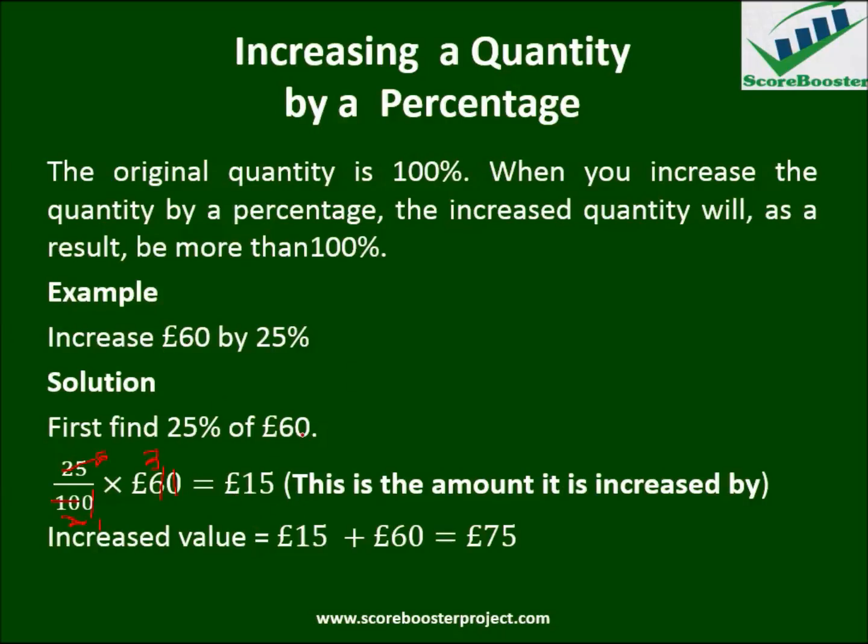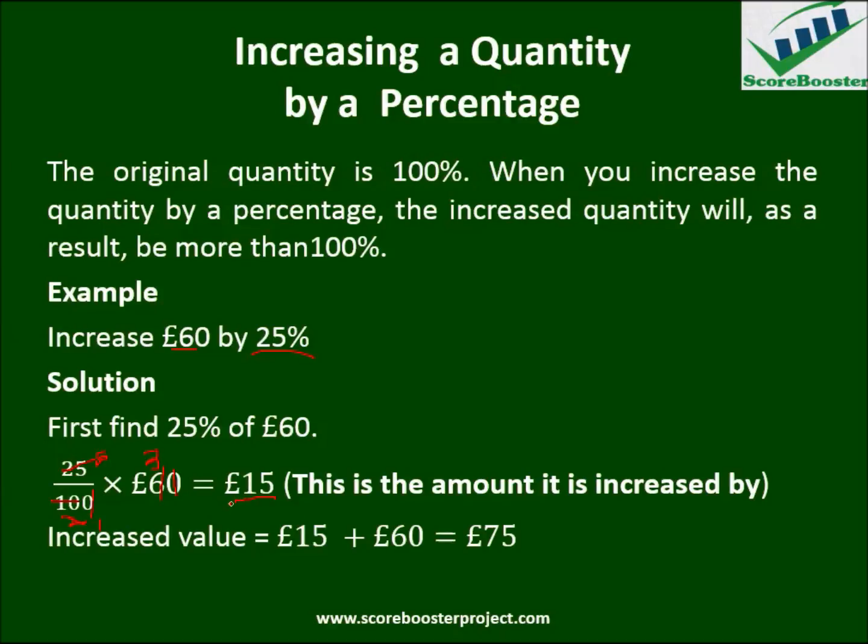From the explanation given, when you increase 60 pound by 25%, the quantity you arrive at will be more than 60 pound. So this is the increment which was introduced by increasing 60 pound by 25%.